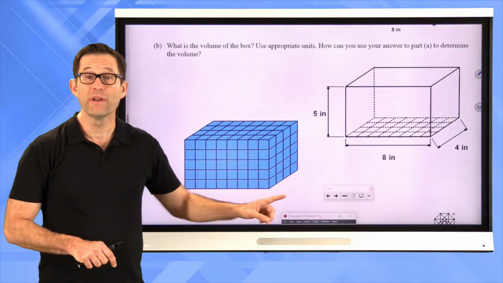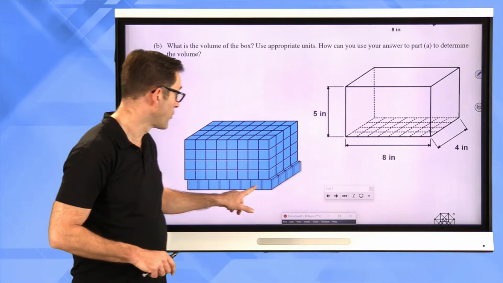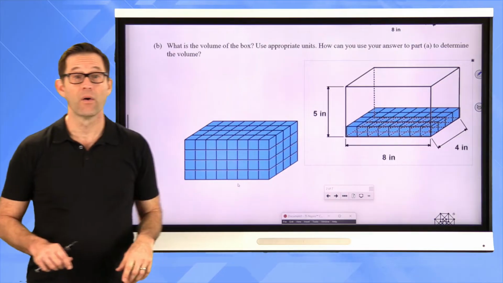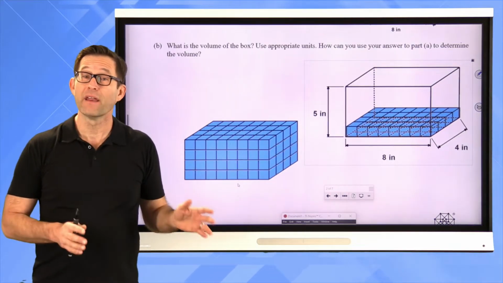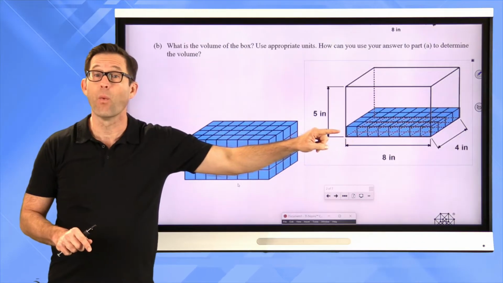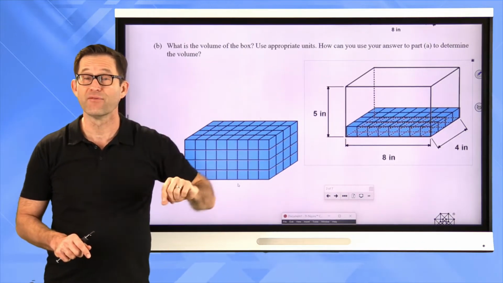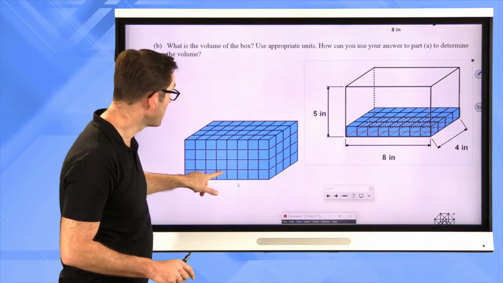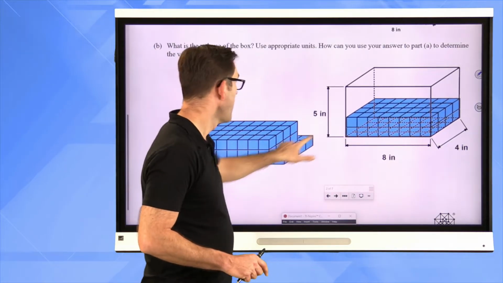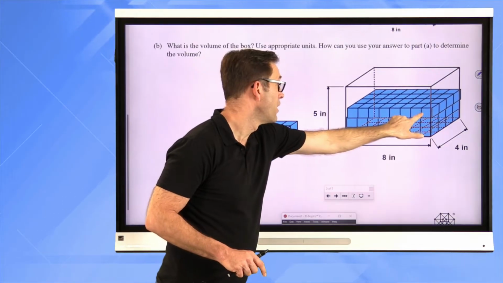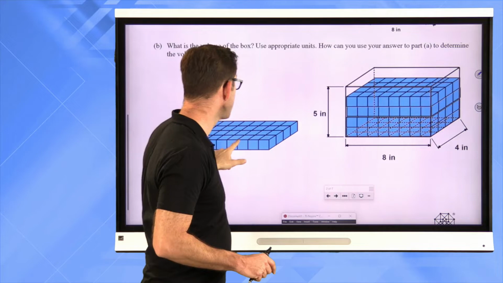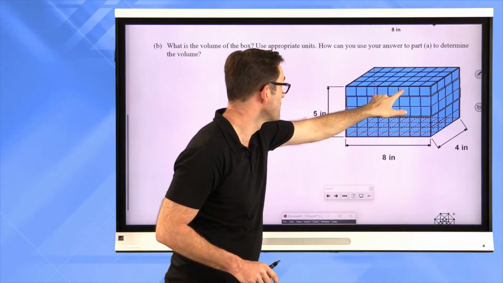Well, there are 32 of them on this bottom level. 32 will sit right there. Now, how many of those levels do we have? Well, each one of those levels is 1 inch high, and we have 5 total inches, so we get that 32, then we get another 32, and another 32, and another 32, etc. If I can stack them properly here, which I almost did.